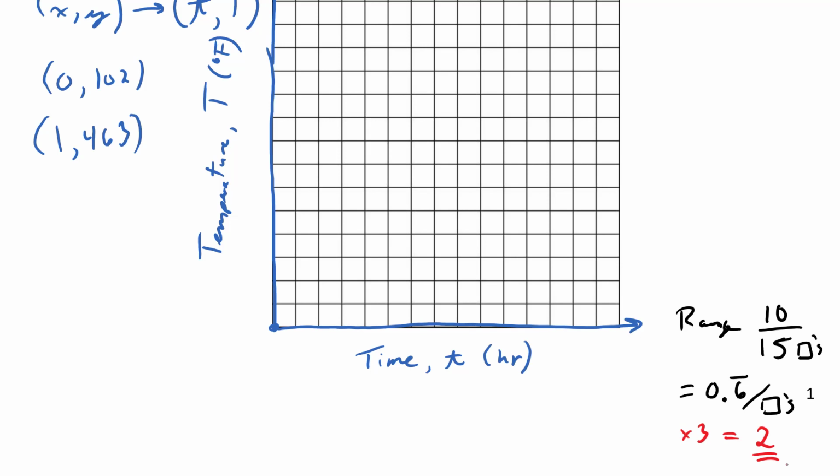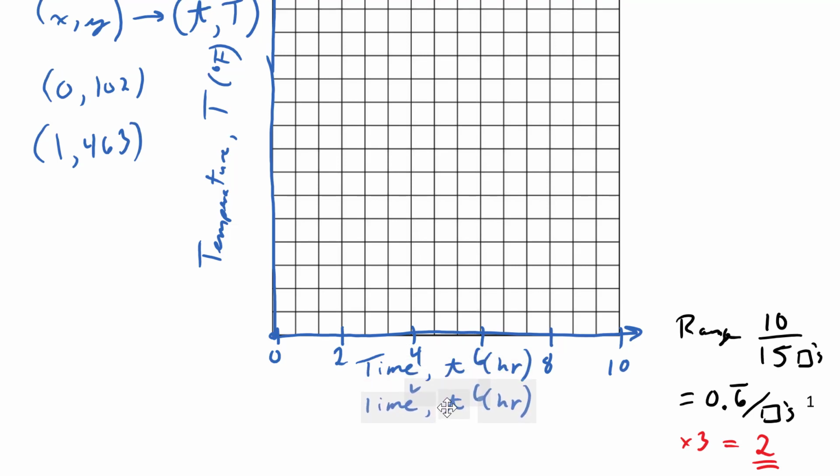So we can say every 3 boxes is equal to 2 units. This is 0, 1, 2, 3, 1, 2, 3, 1, 2, 3, 1, 2, 3, and 1, 2, 3. Look at that. Perfect. I'm going to utilize the entire x-axis. Just to clean it up a bit.